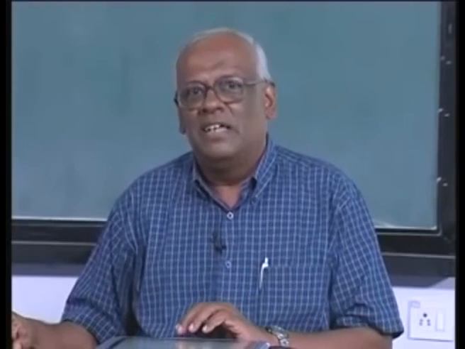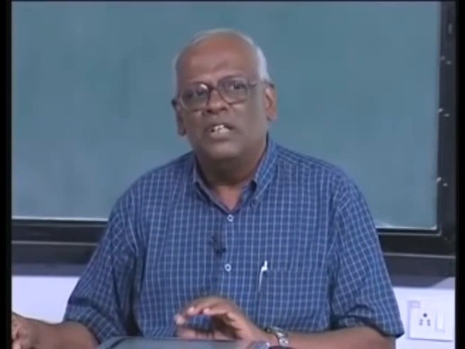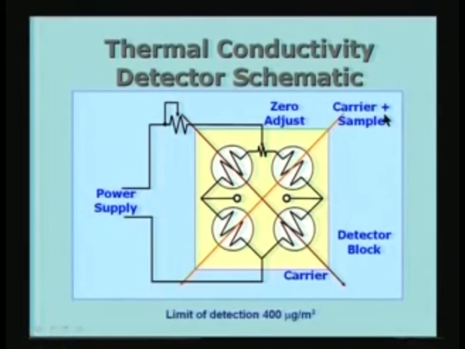But here we took the case of helium or hydrogen, which have very high thermal conductivity with respect to other gases, and therefore we expect the carrier gas plus the sample to have a lower thermal conductivity. These two filaments will be at slightly higher temperature, and immediately an imbalance will be set up between these two terminals and an imbalance voltage will appear here.